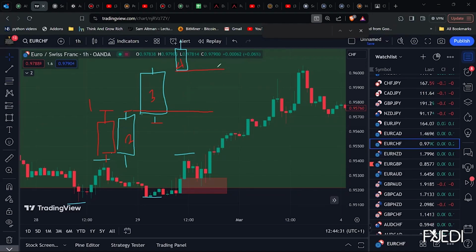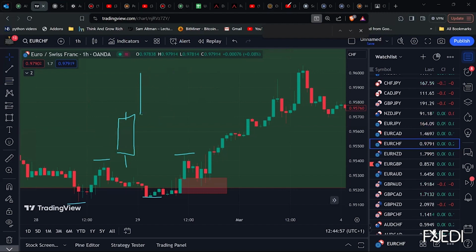In many cases, price tends to come back and tap into this imbalance, sometimes filling the imbalance before continuing in the direction it really wants to go. So we're trying to use that idea behind price to look for trading opportunities.